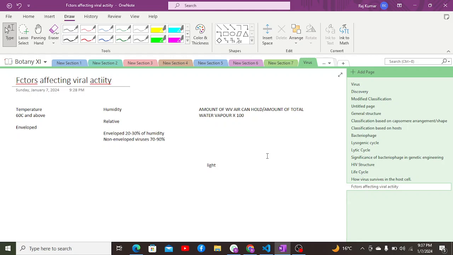Examples of these include Ulva, which is also known as sea lettuce, as well as Anabaena. Another example includes Chlorella. These are algae. Basically, these are phytoplanktons.